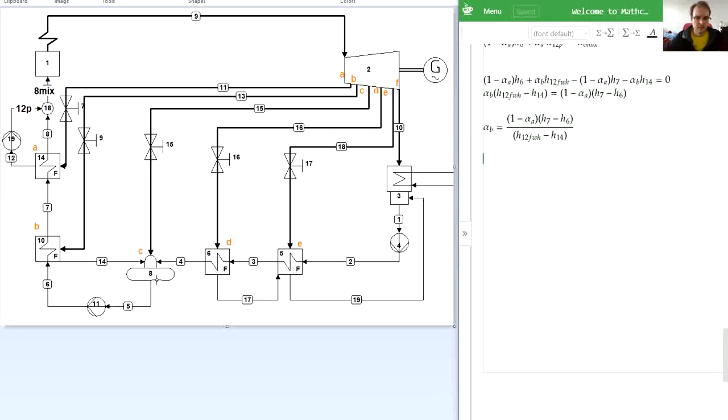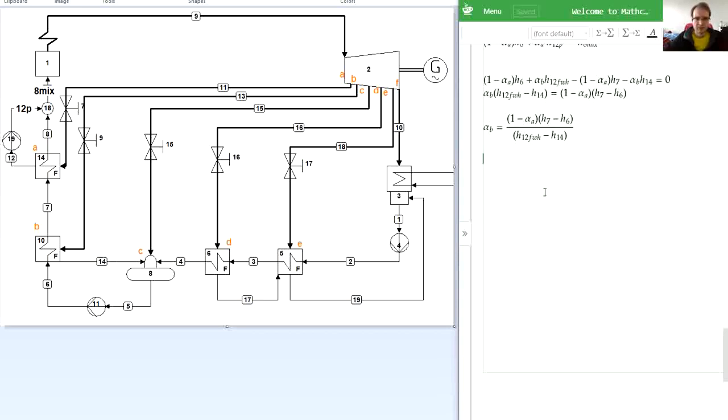And now the feedwater heater C. The inlets are these three for feedwater heater 15 and 14.